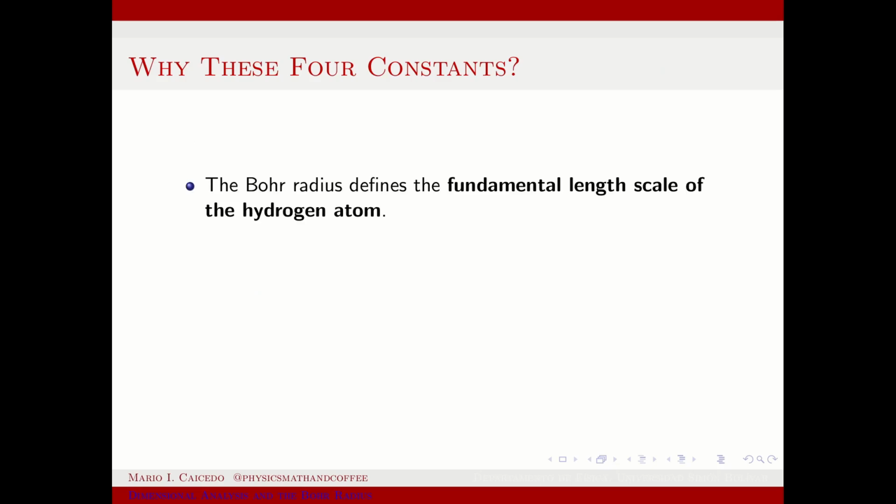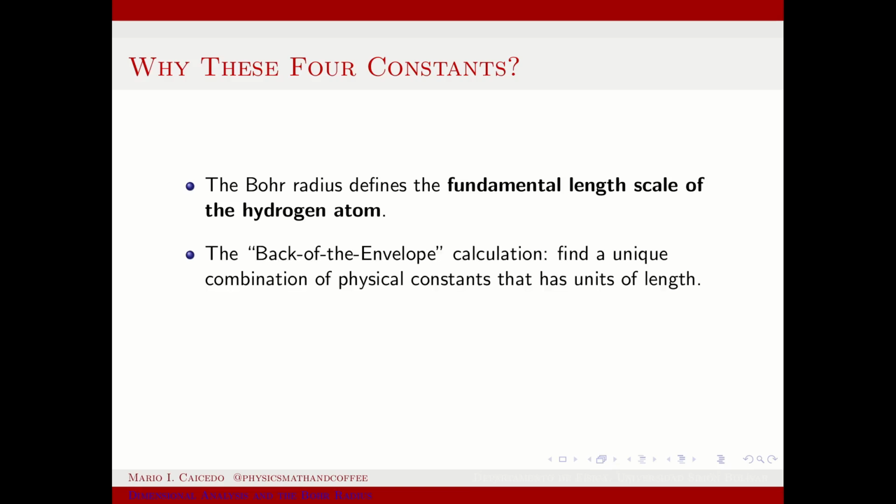Why four constants? Well, the Bohr radius defines basically the radius of the hydrogen atom if it were a little ball. And what is the back of the envelope calculation?